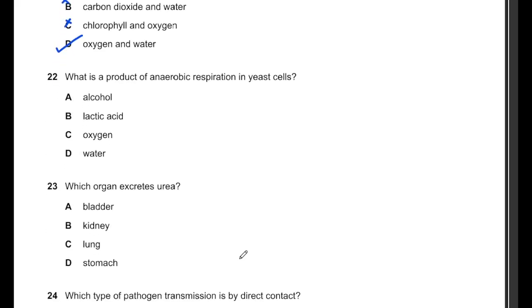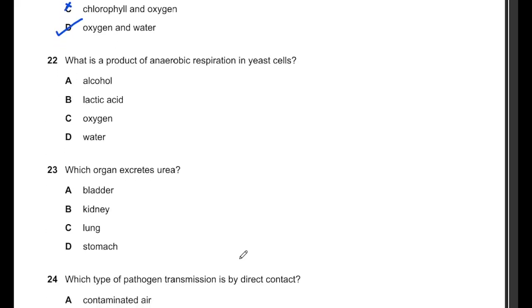Okay, next one, which is a product of anaerobic respiration in yeast? Anaerobic respiration means without oxygen, and yeast survives on what? It survives on glucose, right? And this glucose, in the absence of oxygen, gets converted into, any guess?